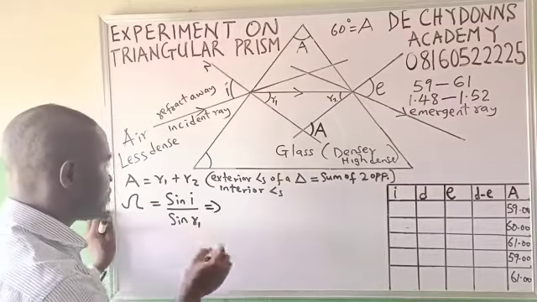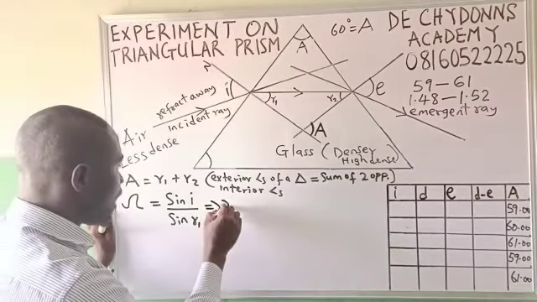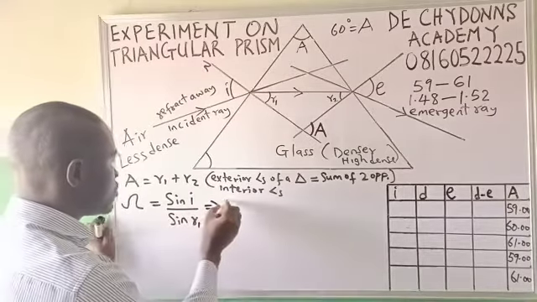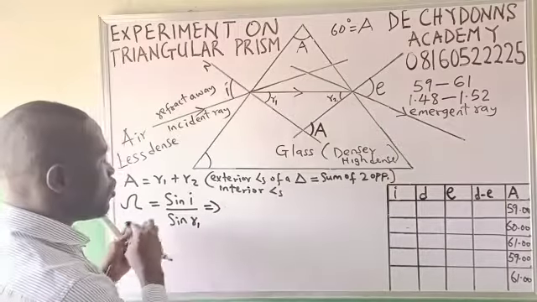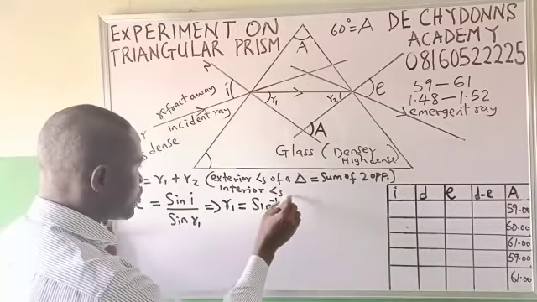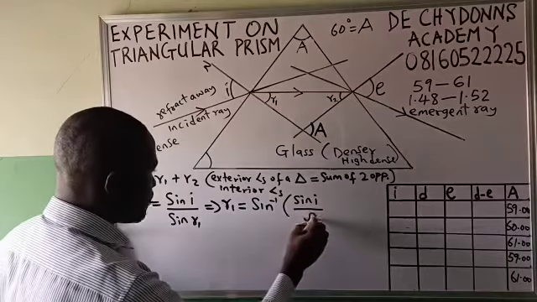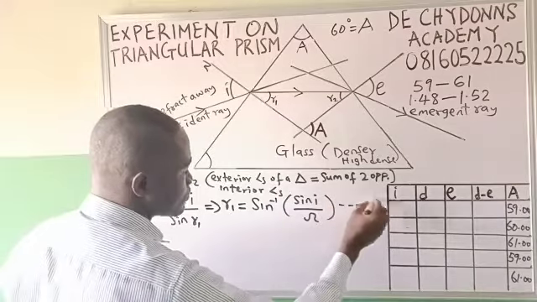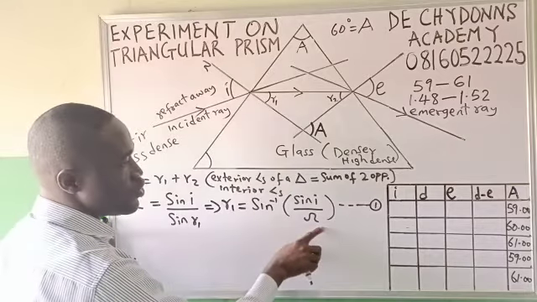That means making R1 the subject of the formula, we'll be having R1 equals sine inverse of bracket sine I over refractive index. We'll call this formula 1. That is, for us to get our R1, we'll use this formula. You'll get it.